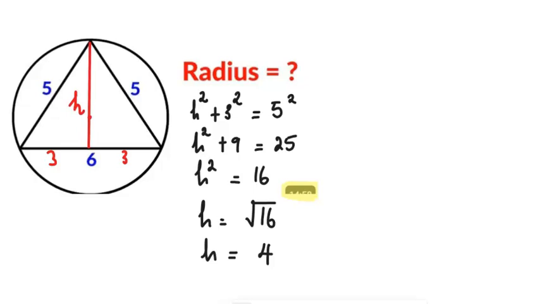But don't forget that from the center of this circle to any point on the arc of this circle is the radius, right? Okay, I'm sorry for that. So from the center of this circle to any point on the arc is the radius, right?